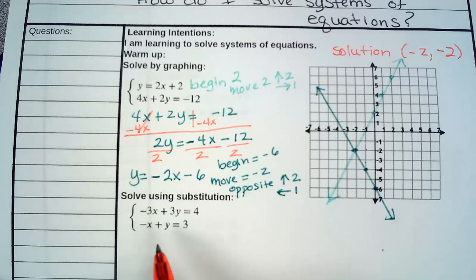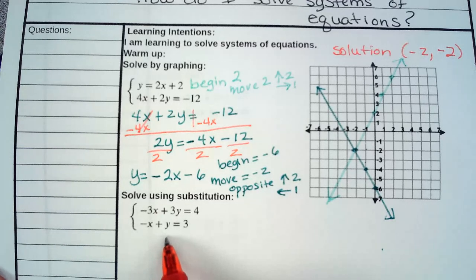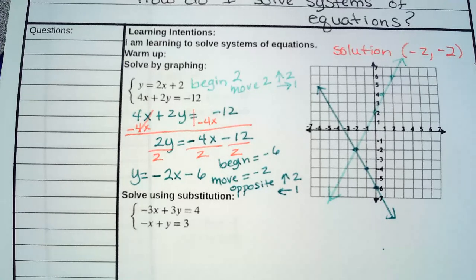Okay, I've got to solve for x or for y. If I look at the second equation, I can see by adding x to both sides, I have solved for y.